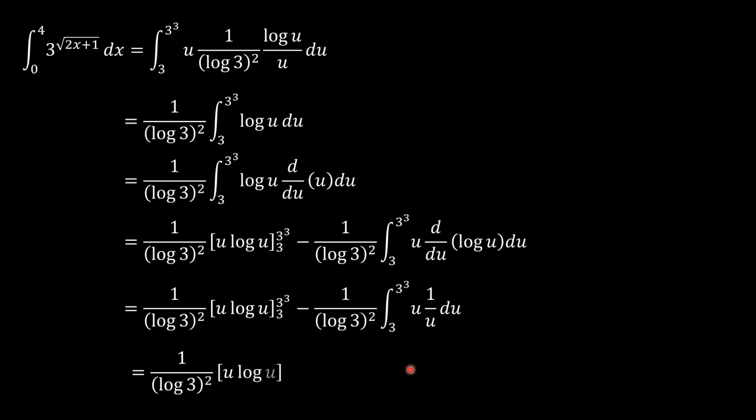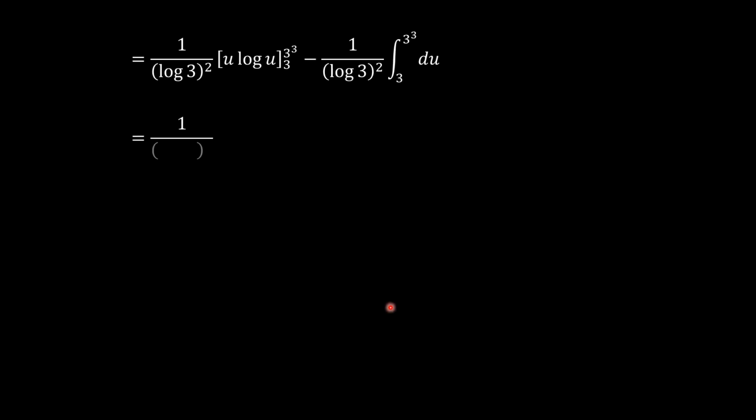So as you can see here, we have the integral of 1 in the second integration that we've created, which means that we can now have u as our remaining variable.